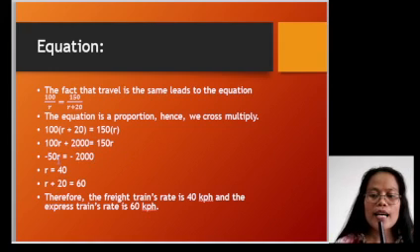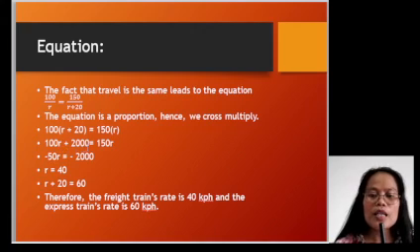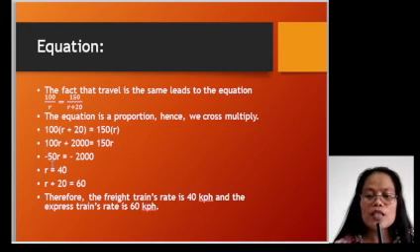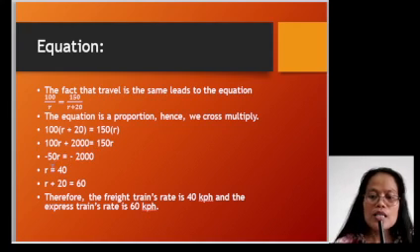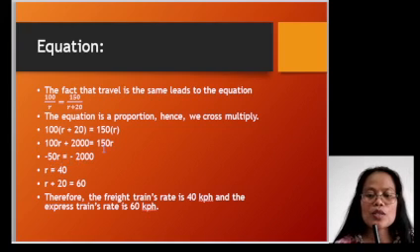So that we can get R, which is the rate, we need to subtract both sides by 2,000. So negative 50R plus 2,000 minus 2,000 leaves negative 50R on the left side of the equation, and 0 minus 2,000 is negative 2,000. We still have negative 50R is equal to negative 2,000.